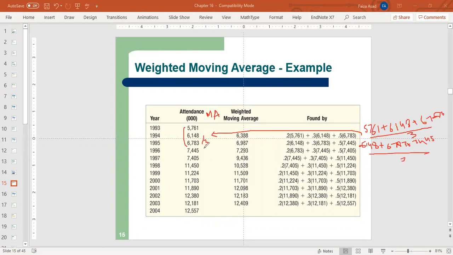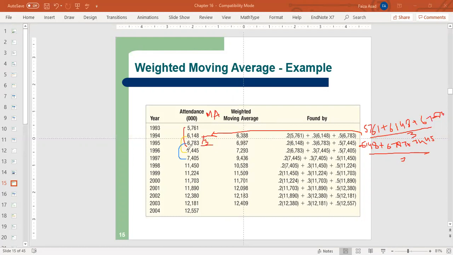Here we will get the first value, here we will get the second value, and we will move on in that particular way. At the very first point, we add these 3 values and divide by 3, and after that we will add up these 3 values and divide by 3. Then we will add these three values and divide it by 3.